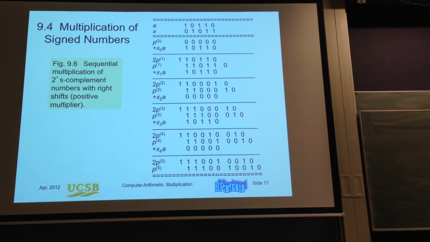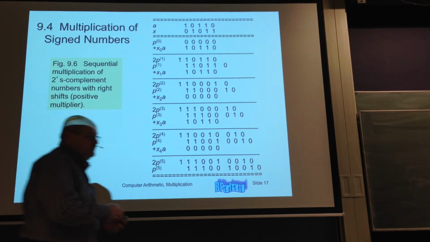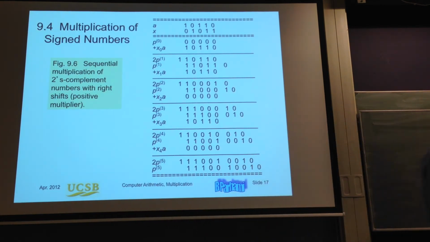When I am doing stuff here, I'm just sign extending. In order to get the right result, because this is negative and I am doing a shift, I have to sign extend. Otherwise, I lose the value. If I don't sign extend here, I'll get a 0, and suddenly my result will be a positive number, which is wrong.